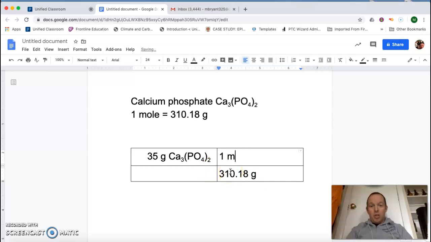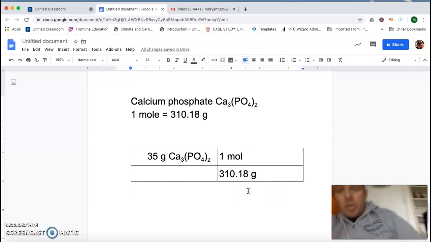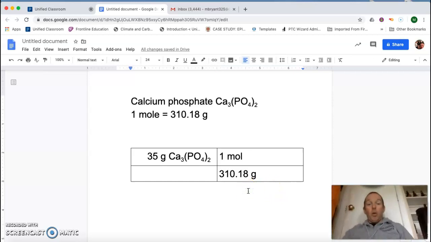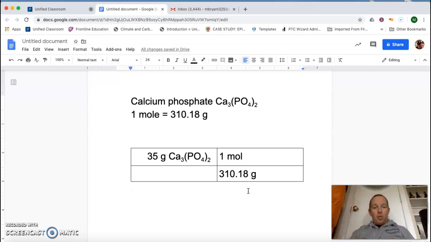Since we're asking for moles, we put 1 mole on the top. That cancels out the units of grams, and we end up with the unit of moles.